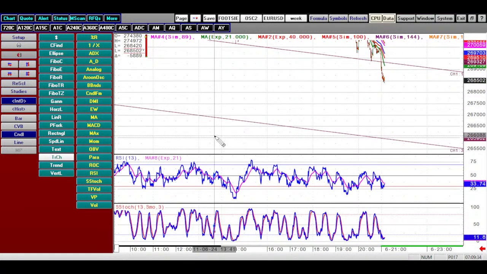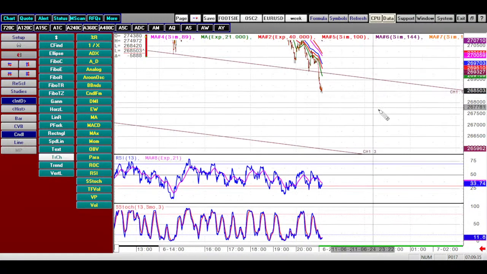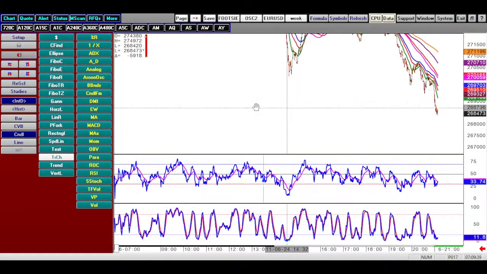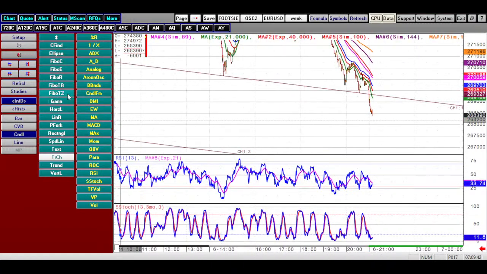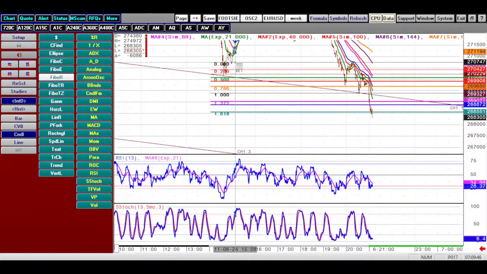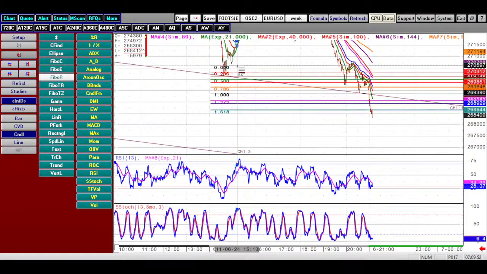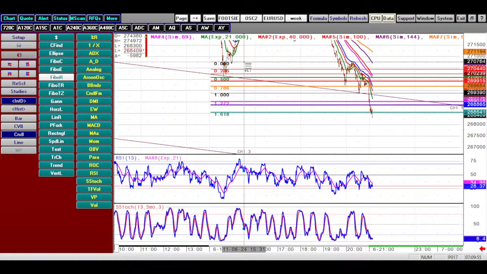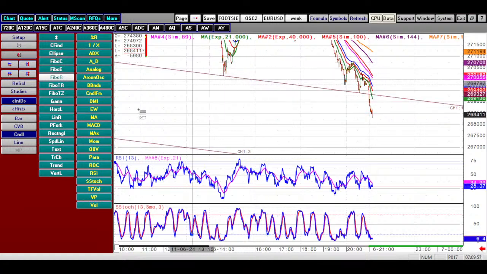So what we will try to do is let's try to sell this market. We can sell at 90 or 93.